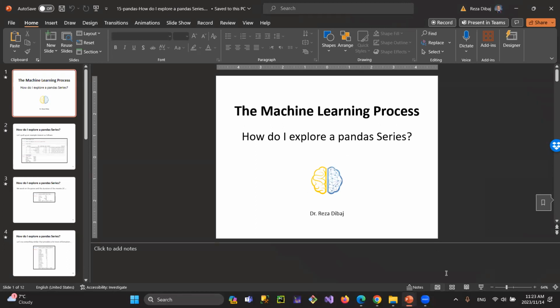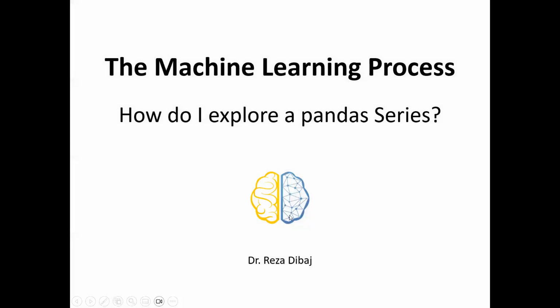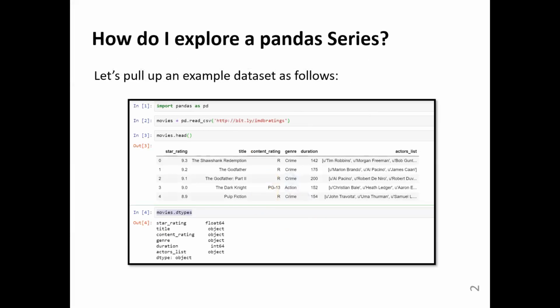The question we have here is, how do I explore a pandas Series? What does it mean? Every column contains some info, right? We want to delve deeper inside the content of each series or column.